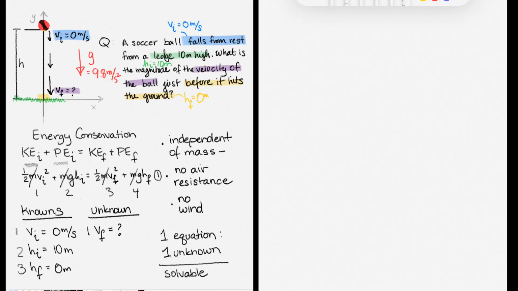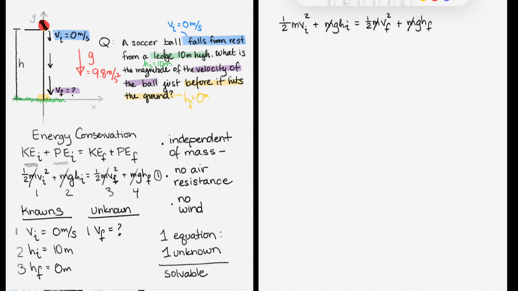I'm going to rewrite our energy conservation equation at the top of this page. And that is, remember, the initial kinetic energy, 1/2 m v sub i squared, plus the initial gravitational potential energy, m g h sub i, equals the final kinetic energy, 1/2 m v sub f squared, plus the final gravitational potential energy, m g h sub f.